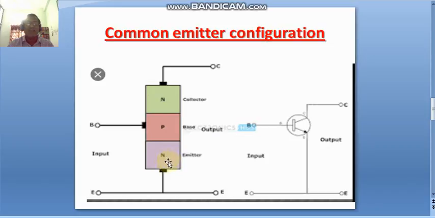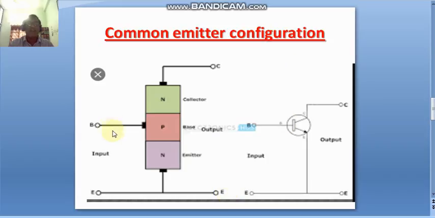In this NPN transistor, N type material acts as emitter, P type is base, and N type is collector. This emitter N type semiconductor material is connected to the input circuit as well as the output circuit.